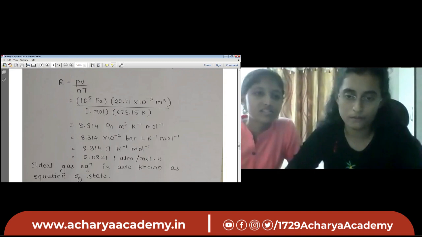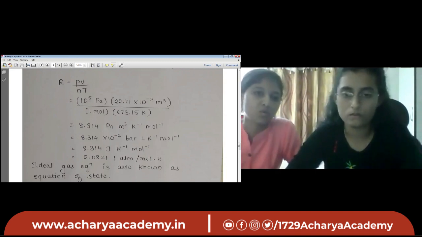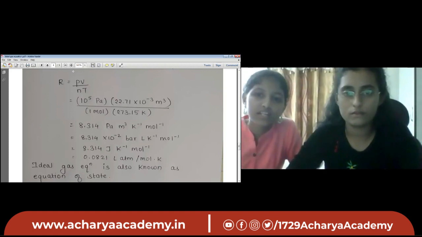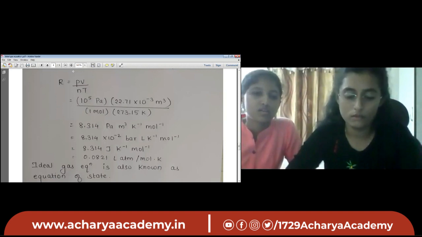Here, number of moles is 1 mole. Temperature is 273.15 Kelvin, that I mentioned earlier. Pressure we've taken as 10 raised to 5 Pascal, and volume as 22.71 into 10 raised to minus 3, as we have converted into meter cube. By keeping these values, we get 8.314 Pascal meter cube per Kelvin per mole.